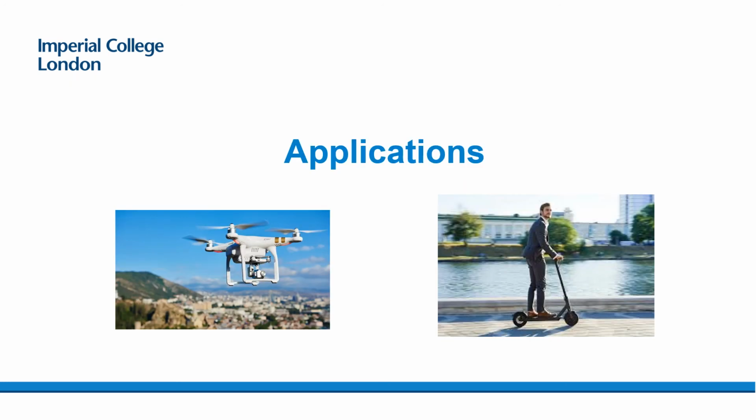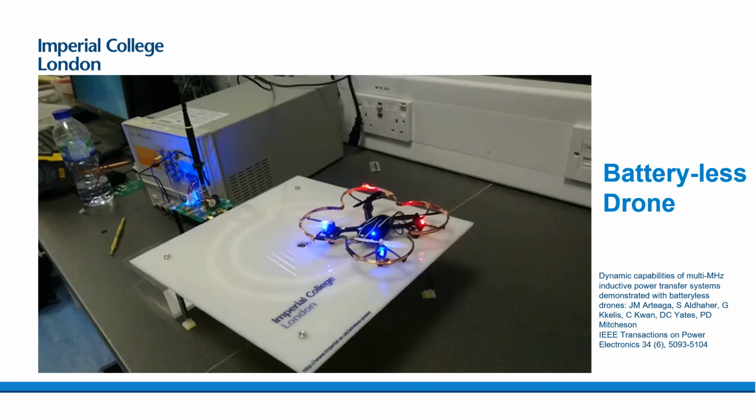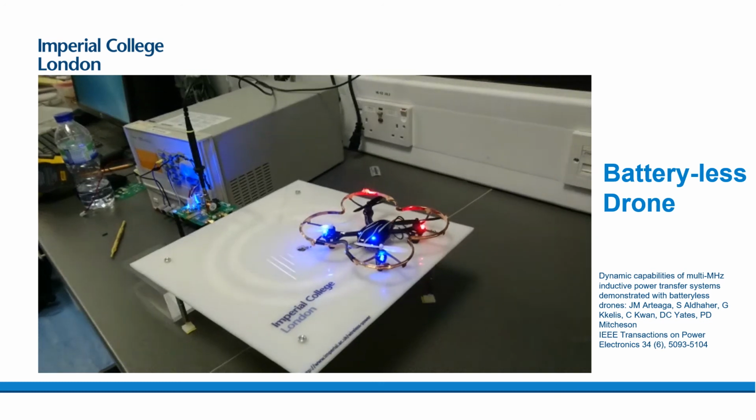Okay, I want to spend a short amount of time now just talking about some of the applications that we've been able to put our high frequency IPT systems into. One of the nice things that we often take around to trade shows and to conferences is a very lightweight system using a receive side mounted onto a very lightweight drone, a copper plated ring around the plastic propeller guard of the drone, flying above a charging pad.